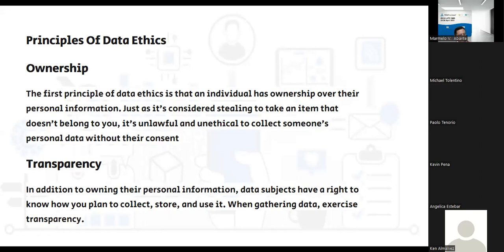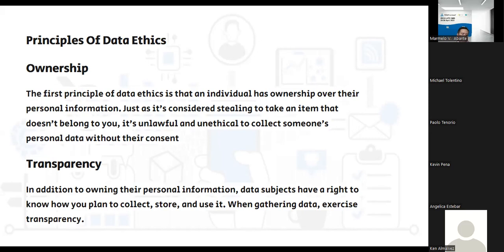Some common ways you can obtain consent are through signed written agreements, digital privacy policies that ask users to agree to a company's terms and conditions, and pop-ups with checkboxes that permit websites to track users' online behavior with cookies. Never assume a customer is okay with you collecting their data. Always ask for permission to avoid ethical and legal dilemmas.